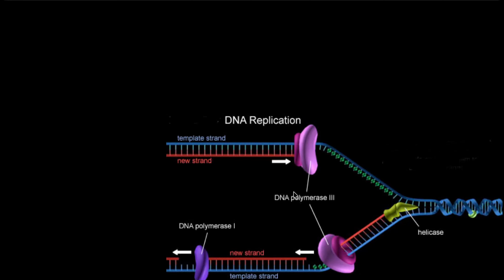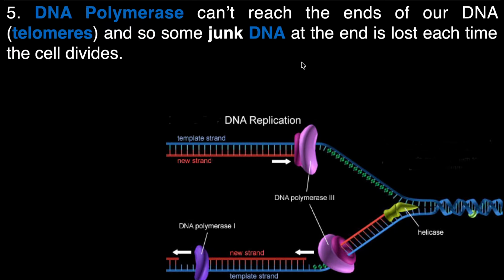Okay, so here's our picture again. We've got helicase, we've got our template strand, and we've got our new strand being made here. And then we've got our Okazaki fragments being made here on the bottom. Keep in mind that DNA polymerase, once it gets to the end of the DNA, really can't read the end of the DNA. And in case you forgot, those are called telomeres.